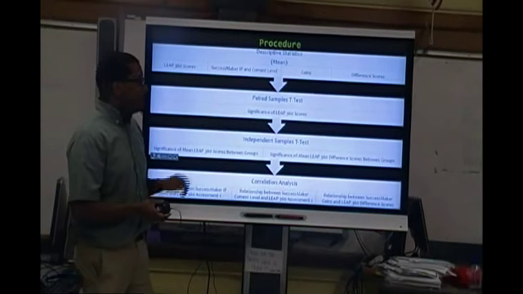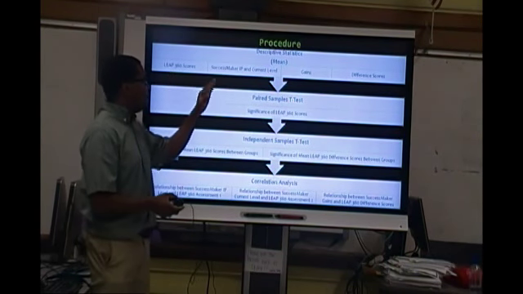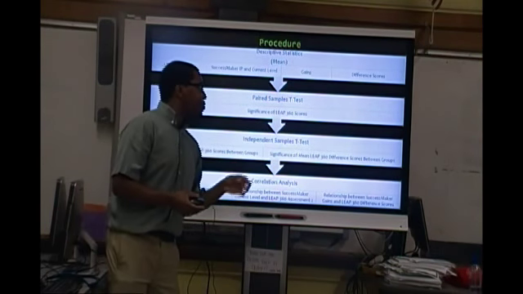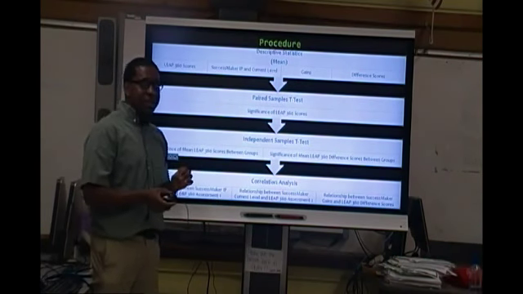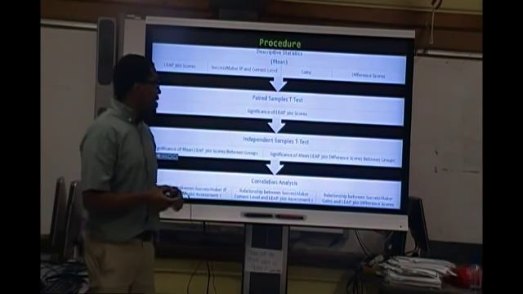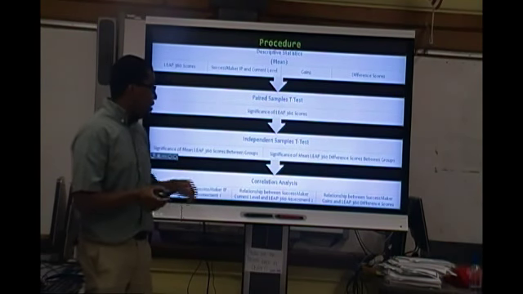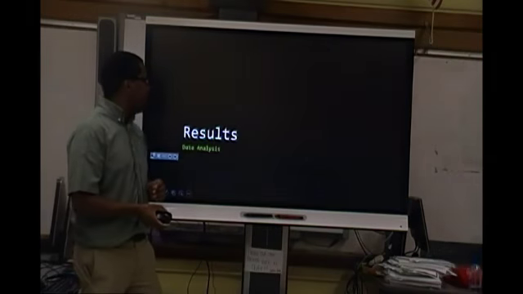The procedure: I used descriptive statistics to find the mean performance of the Leap360 scores, their SuccessMaker levels, gains, and their different scores. Then I used a paired sample t-test to test the significance of their Leap360 scores, and then an independent sample test to test the significance between the groups, and lastly a correlation analysis to test the relationship for the different sets of data.